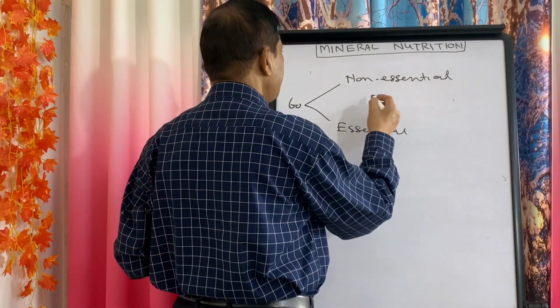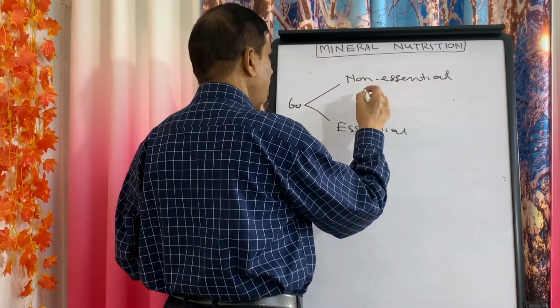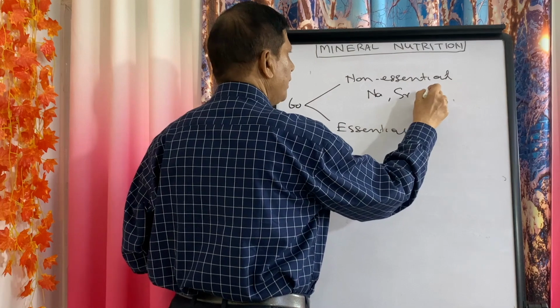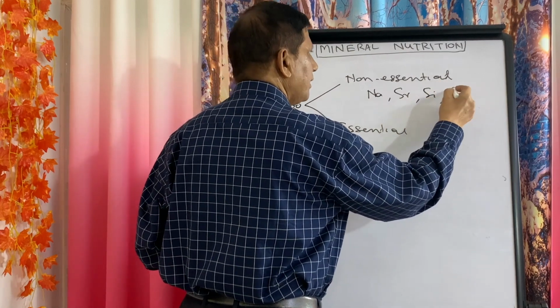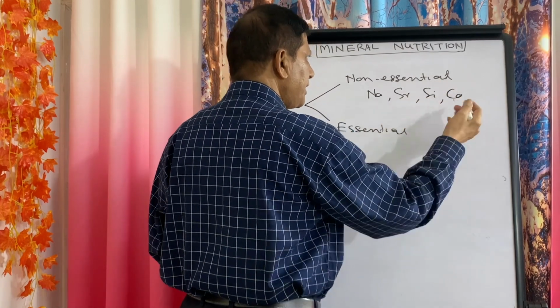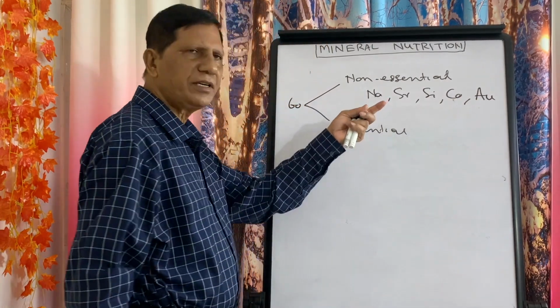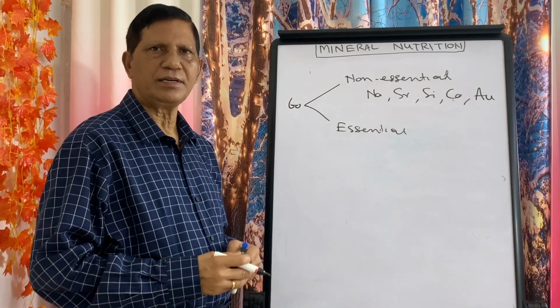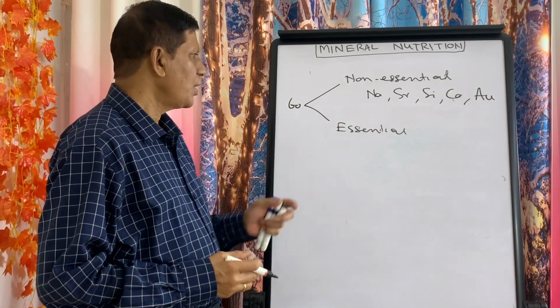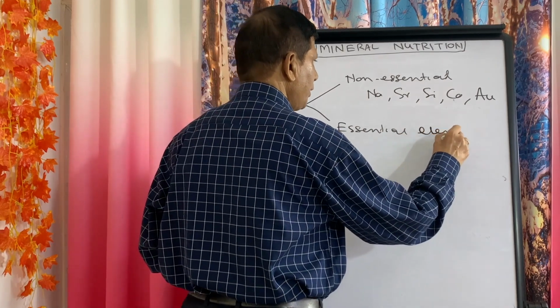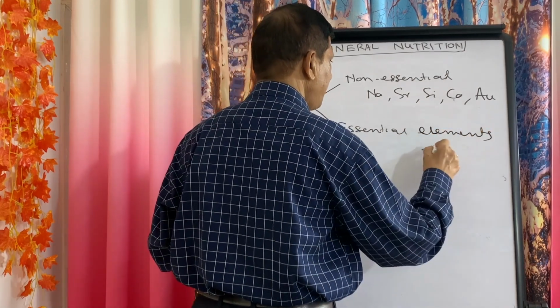Usually non-essential minerals for the plant body are sodium, strontium, silicon, cobalt. Even gold is present, but it is not necessary for the plant body. While essential elements were found to be 17 in number.